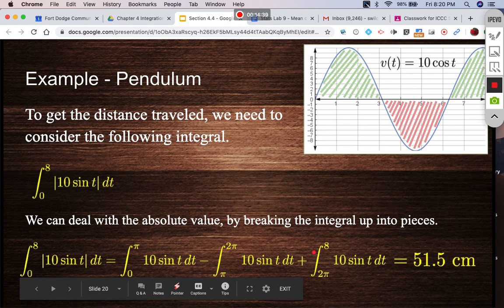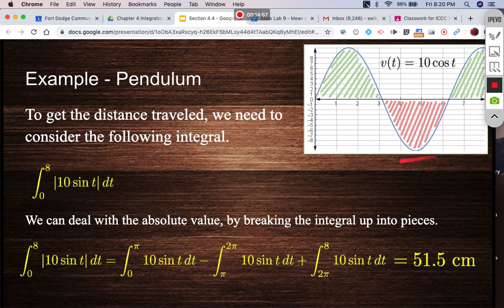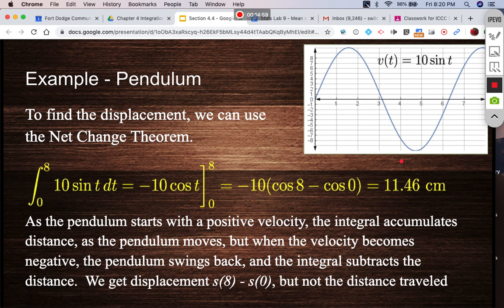Then we add this one. Again, we could have done it like in the last video, by making this 2 pi to pi. If I switch this, that switches the sign to make this positive. But if I do this, we'll see the pendulum actually traveled 51.5 centimeters, even though the displacement was only 11.46 centimeters, because it's going back and forth and back and forth.